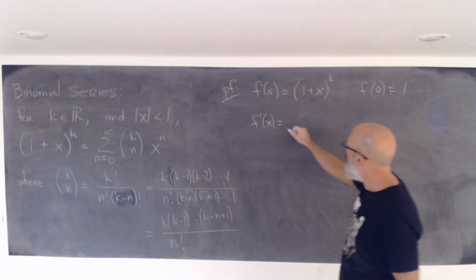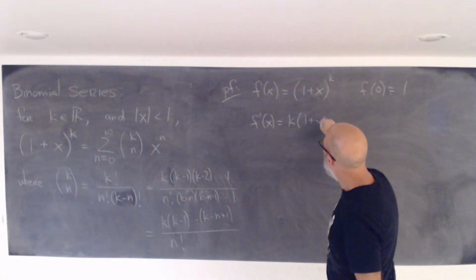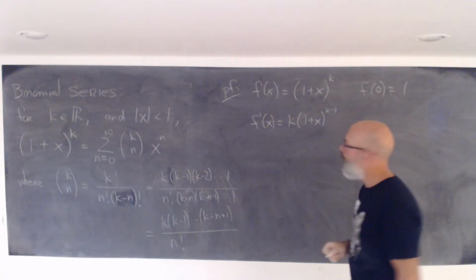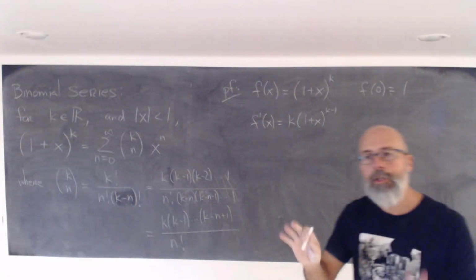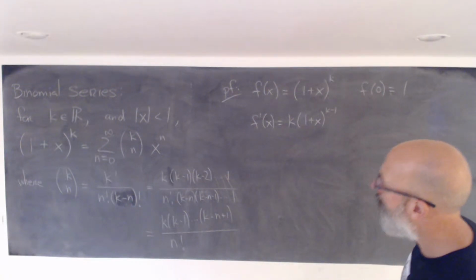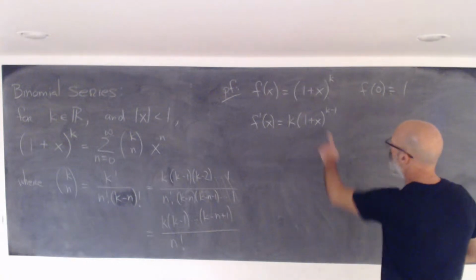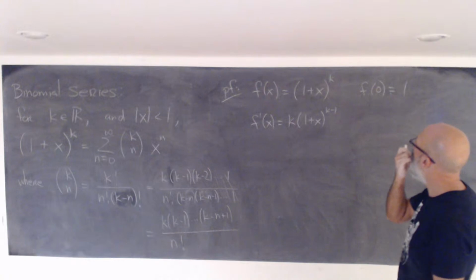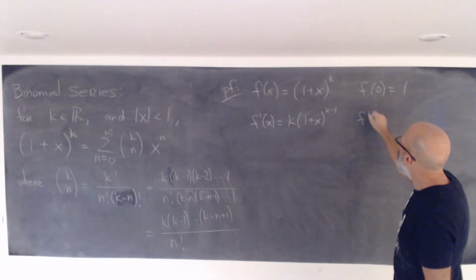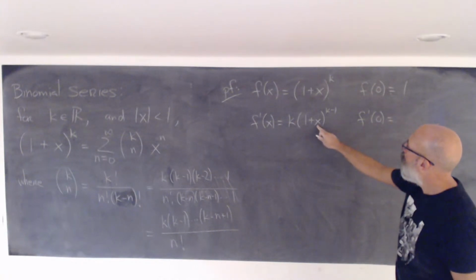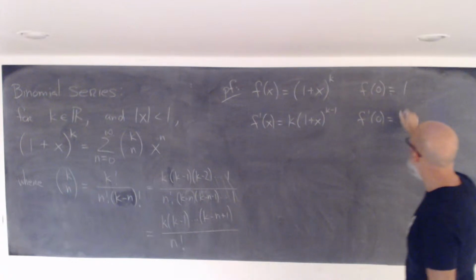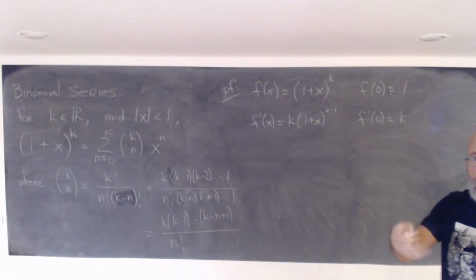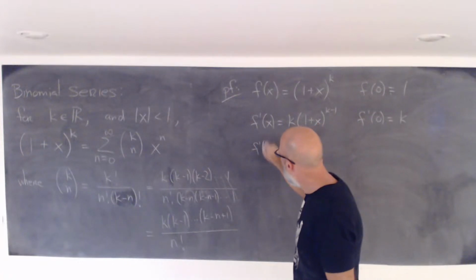Nothing fancy is happening here. Just bring the power down, regardless of what k is. Right? This is the answer. So the derivative at 0 is just k. And you keep going until you see a pattern.